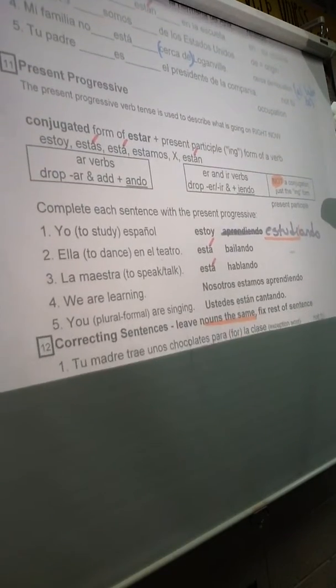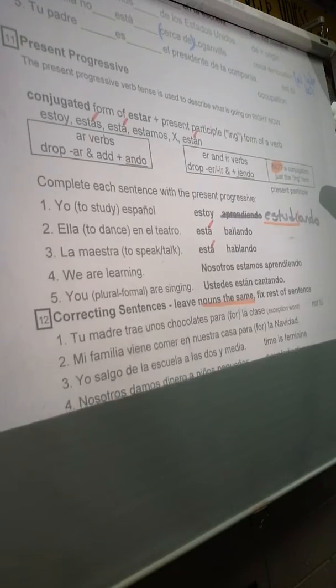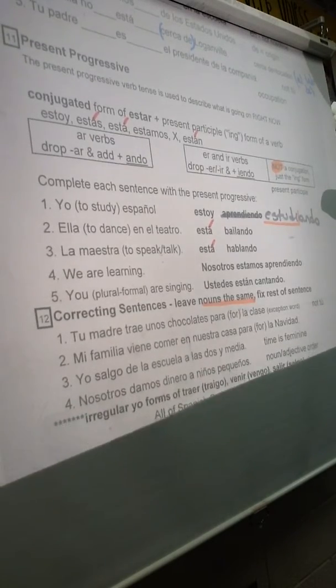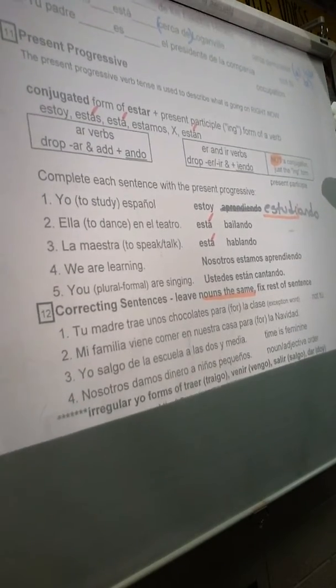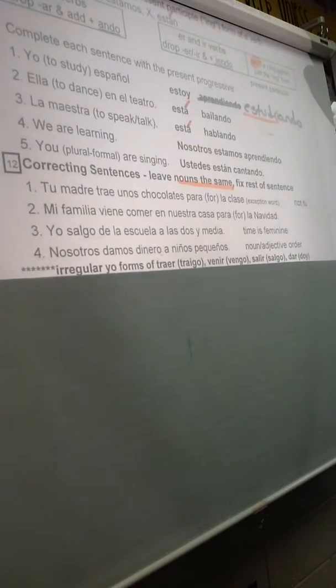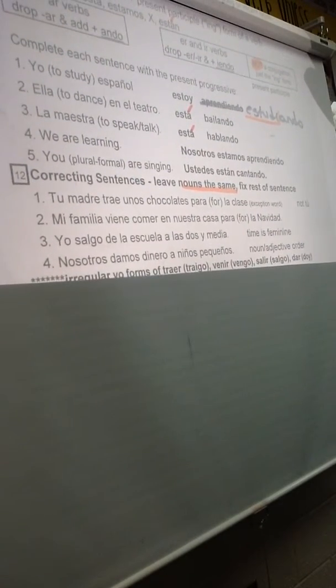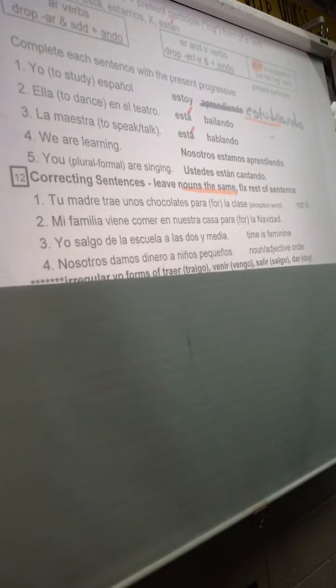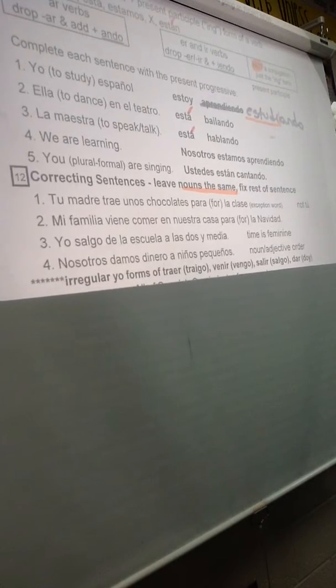And correcting sentences just brought everything back, making everything agree. Gender and number. So when you're switching around, is it when it's subject and verb is subject everything? If you have a noun and an adjective right next to each other, you flip it.